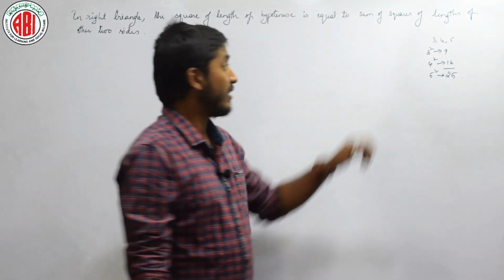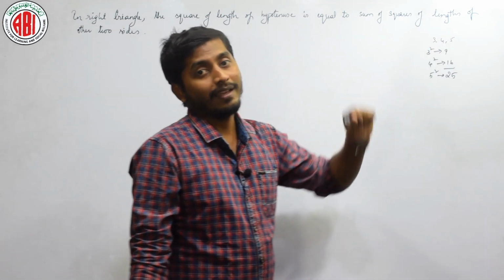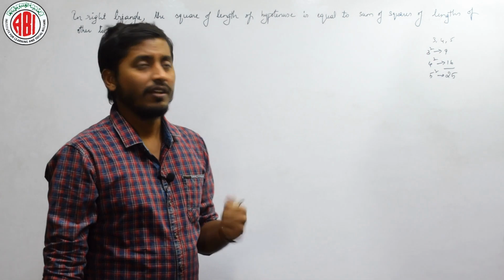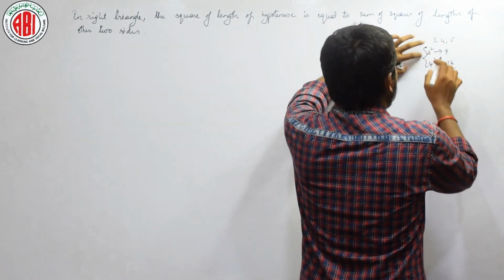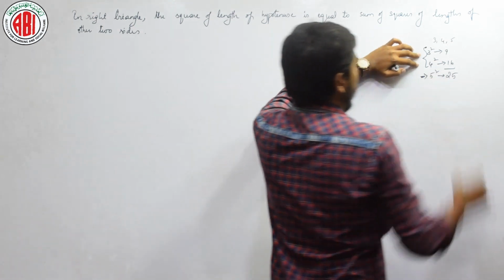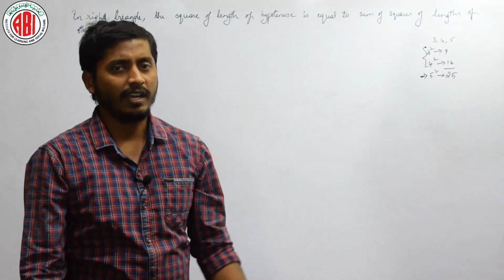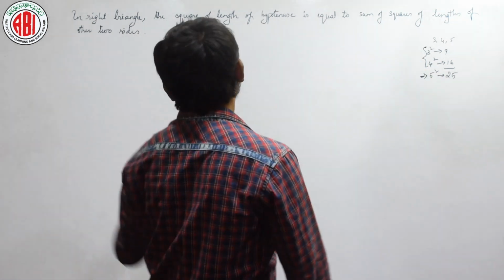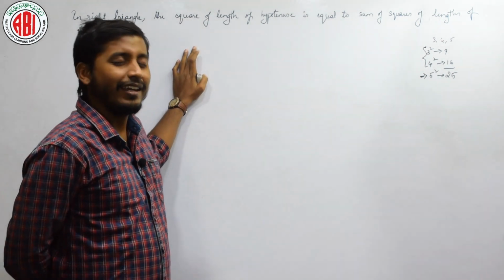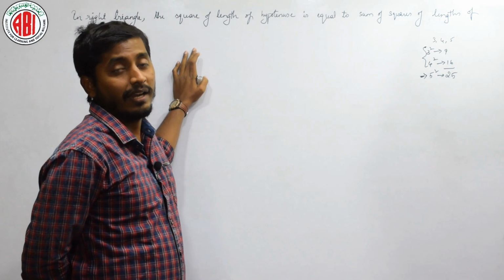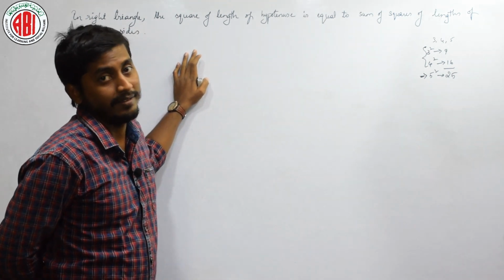This means these three are considered a Pythagorean triplet. That is nothing but your Pythagorean theorem. This is very important and very easy to understand, so try to understand it from the starting itself.